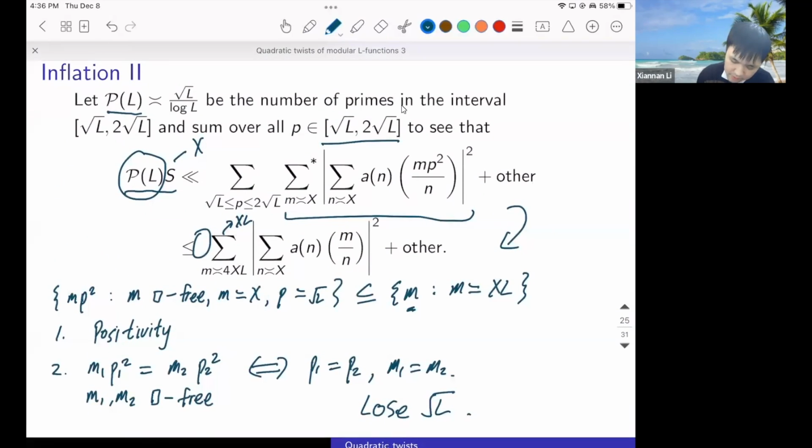So here we're passing to all numbers of this size, but we can instead pass to numbers of this size with large square-free part. And in that case, what should happen in the analysis is that you get two main terms which should cancel out.